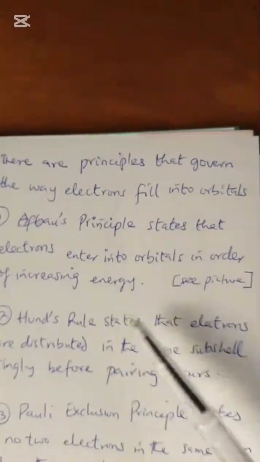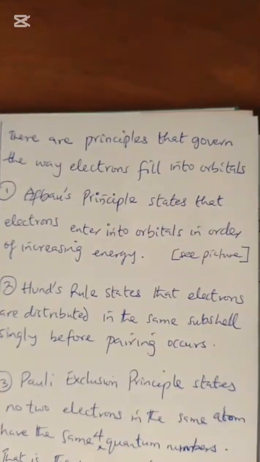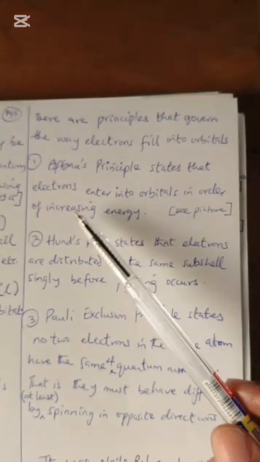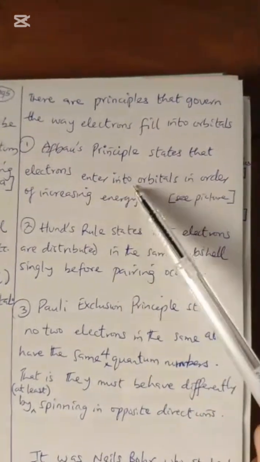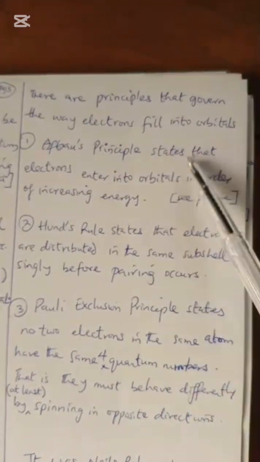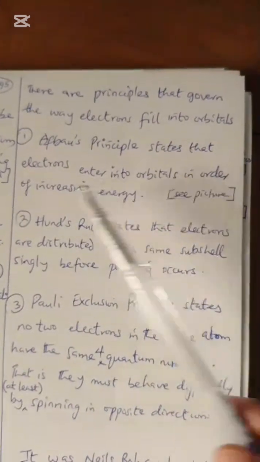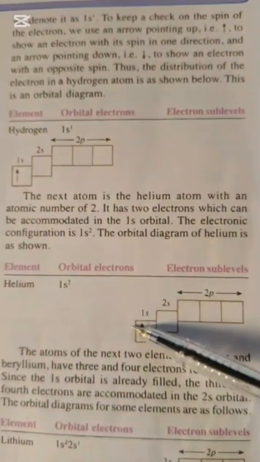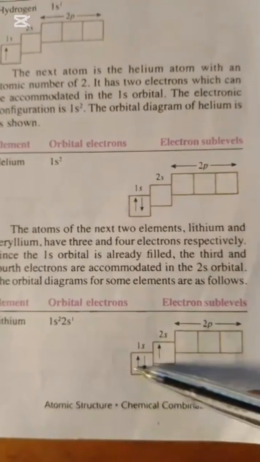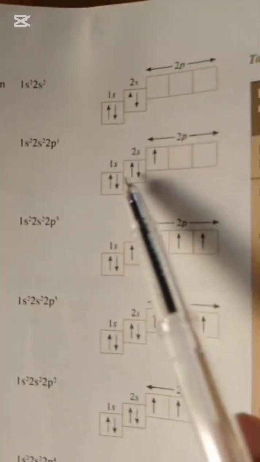This brings us to another principle. We'll call that the Aufbau Principle. Basically, the Aufbau Principle states that electrons enter into orbitals in order of increasing energy. Look, the 1s is filled first, the 1s is filled before we come to the 2s energy level, and so it goes on.